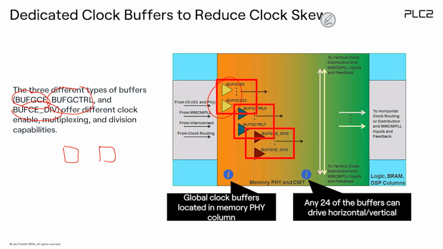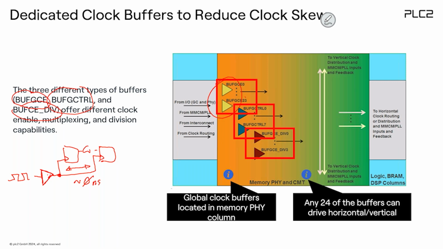You have some flip-flops here and a clock signal here. If you connect one of the buffers right here and run the clock signal through this buffer, then it's guaranteed that skew between these registers is almost zero. This means it will not fail, and that's good.